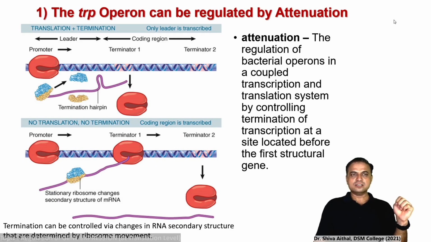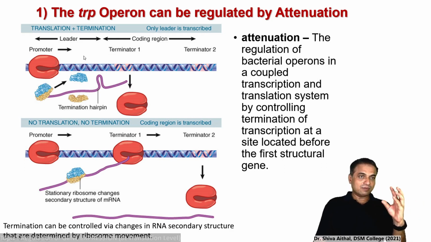So the first is the tryptophan operon, which can be regulated by attenuation. Attenuation or attenuator structures, you know very well, these are the hairpin-like structures. As you can see, these are the terminator regions which do not allow the movement of the ribosome on the mRNA.